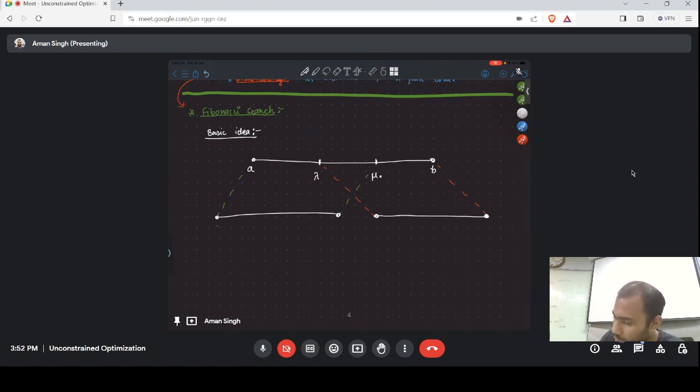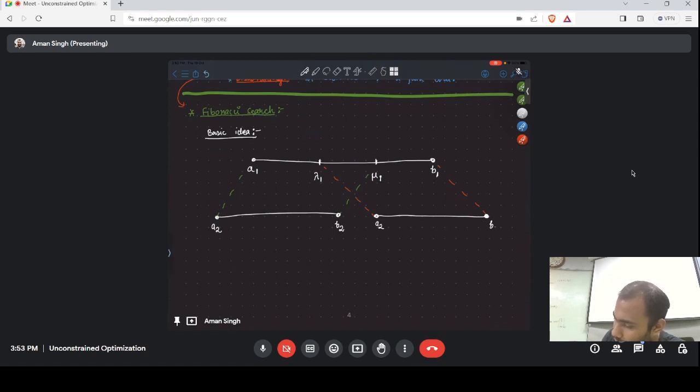We call these A1, B1, lambda 1, mu 1 in the first interval, and then this can be called A2, B2, depending upon what is correct.